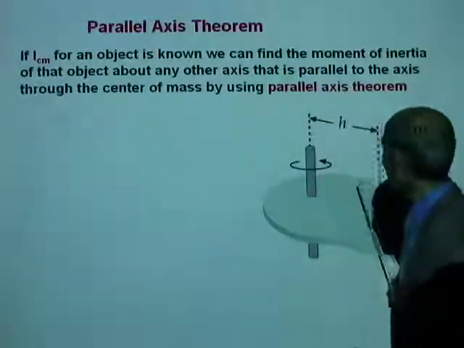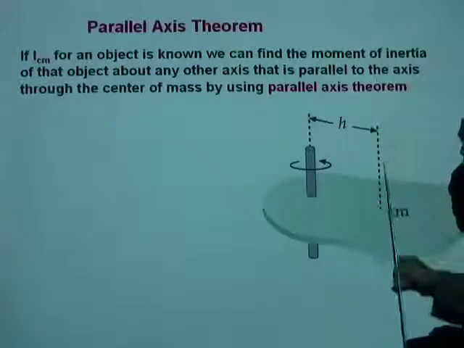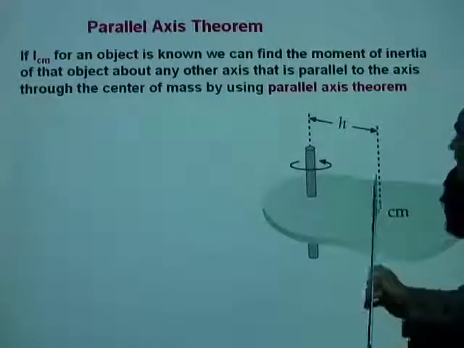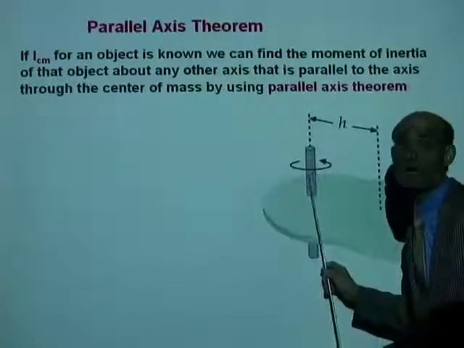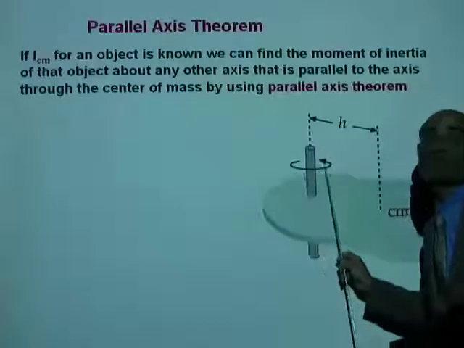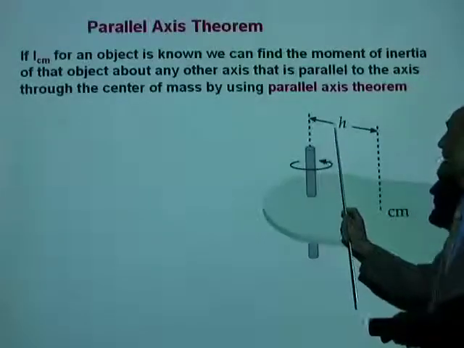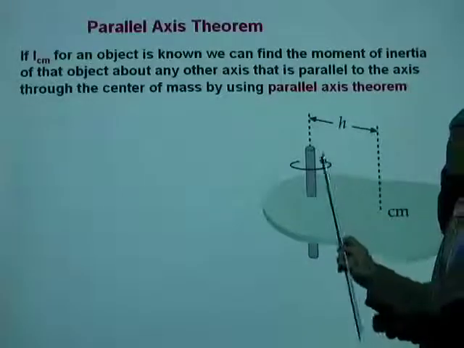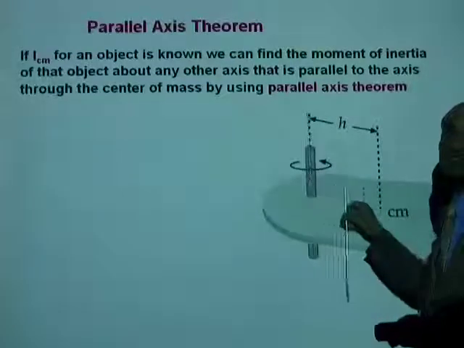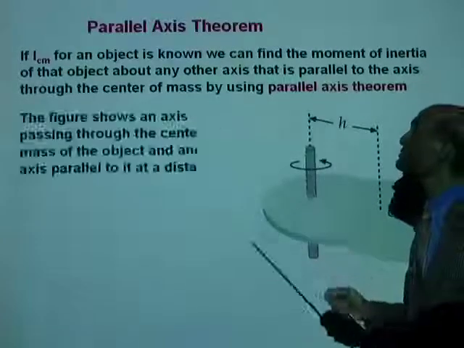Alright, now here I have an object. This is the axis that passes through the center of mass. And this is the new axis about which we need to find the moment of inertia. And this axis is at a distance h, the perpendicular distance between the new axis and the axis through the center of mass is h.